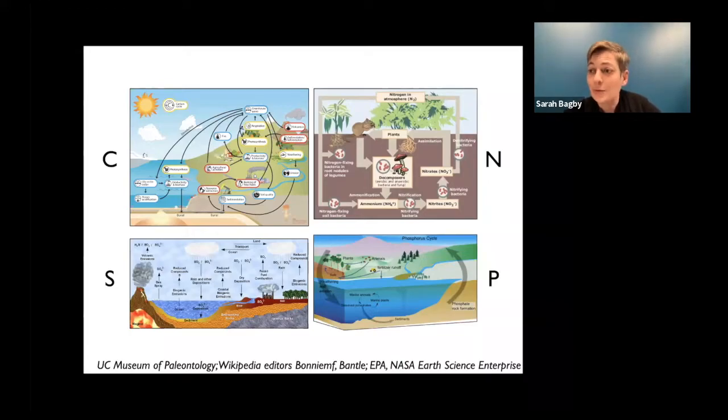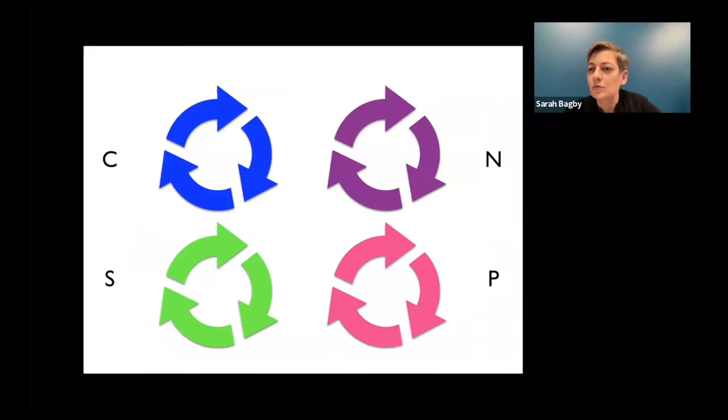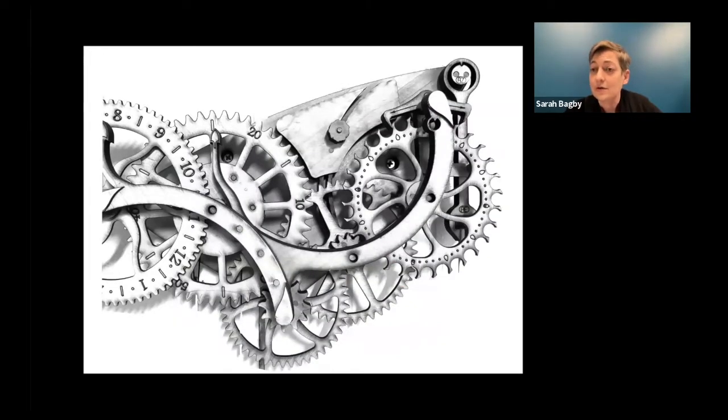The problem is that when we look at these diagrams, we tend to extract a mental image that is a little like this, one where 4 cycles proceed independently. But that's not right at all. In fact, these cycles both enable each other and constrain each other. None of them moves independently.